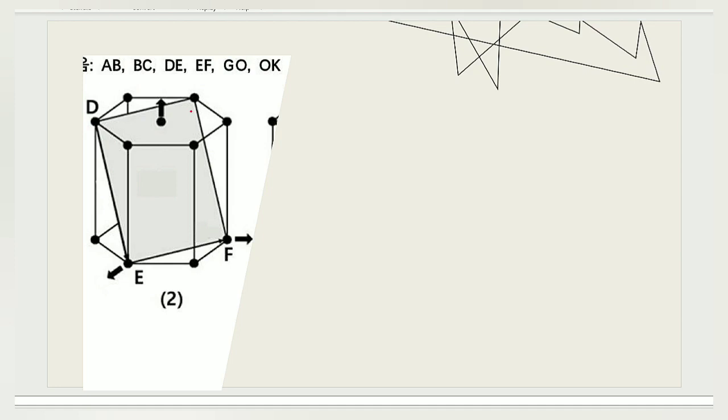Now let's define our coordinate system such that the plane is not passing through the origin, and the second thing, that it gives you enough information. Here the plane is not passing through this origin.